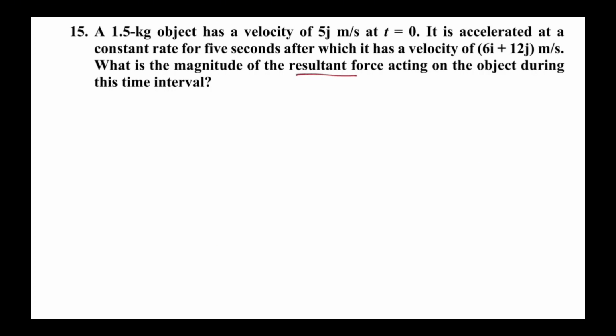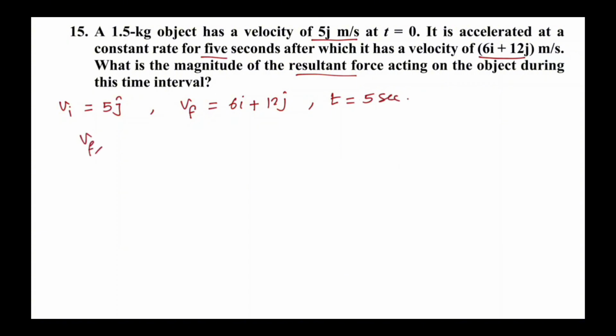If we have the initial velocity here equal to 5j hat, and it's accelerating for 5 seconds, the time is given here, and the final velocity is this one right here. So let's just write the given information. V initial equal to 5j hat, and V final equal to 6i plus 12j hat, and time interval equal to 5 seconds.